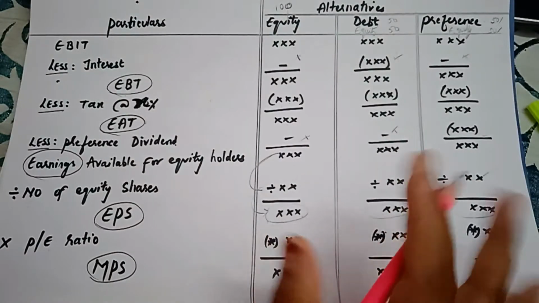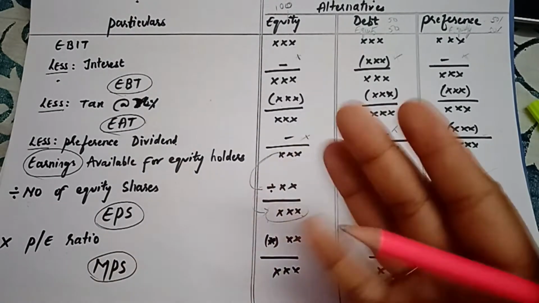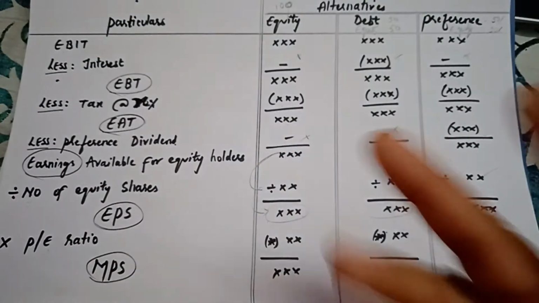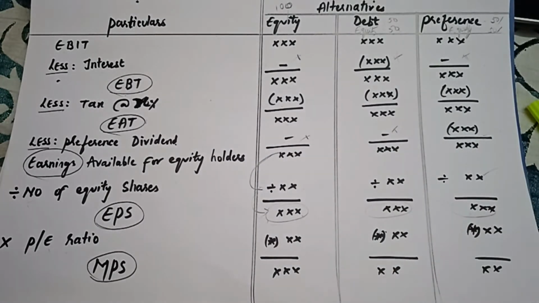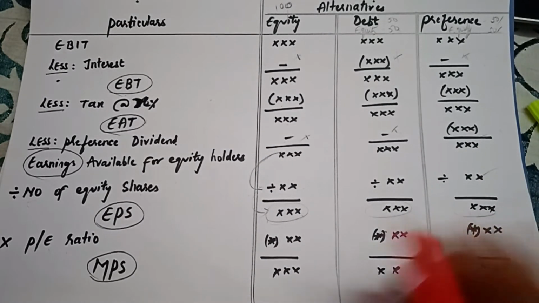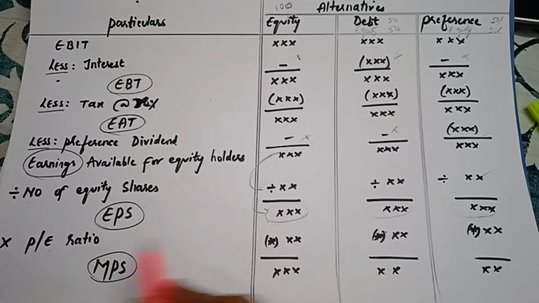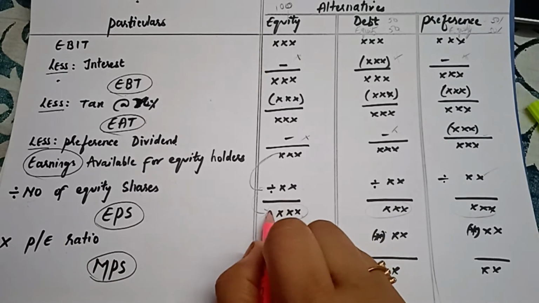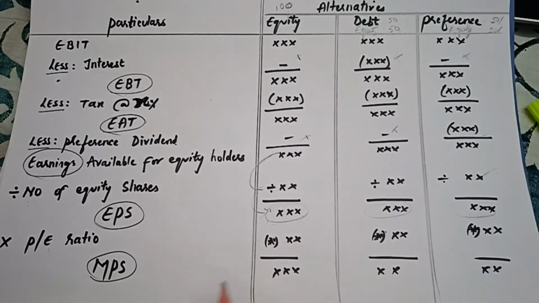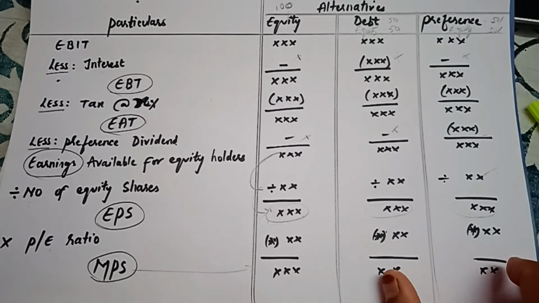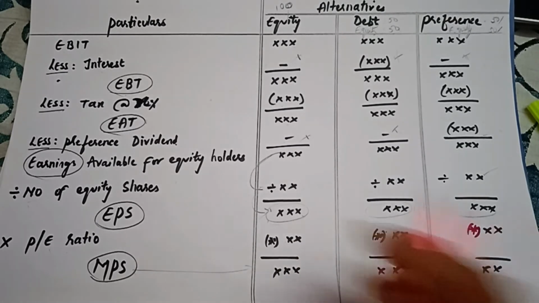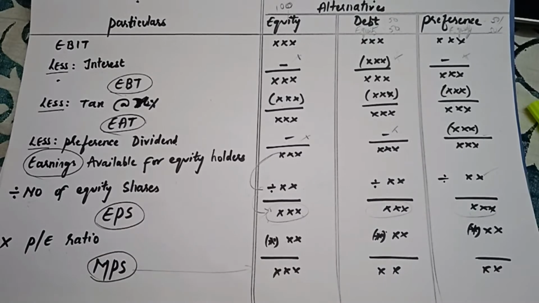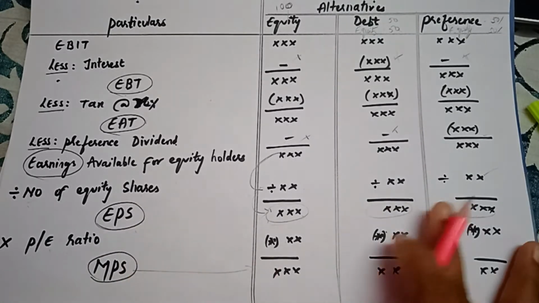The price earning ratio will be different from company to company, and it also depends on the current situation in the market. You will multiply this EPS by this PE ratio, and you will get the MPS, the market price of the shares.